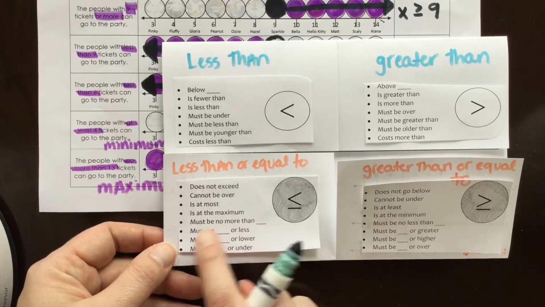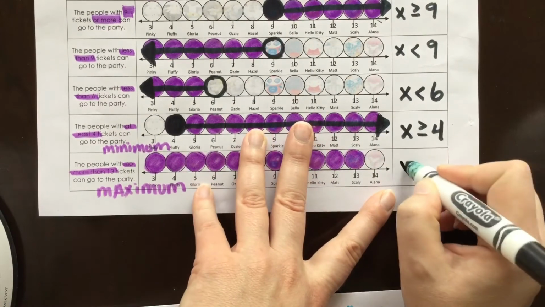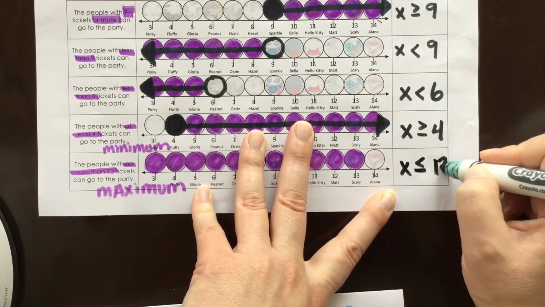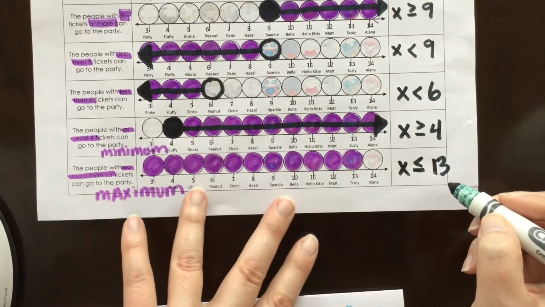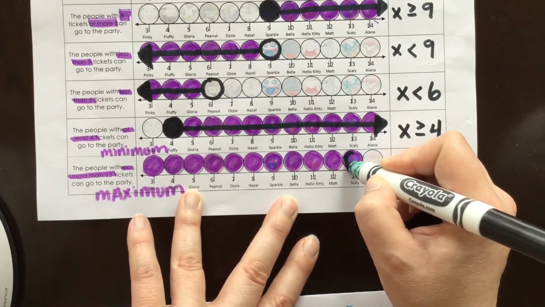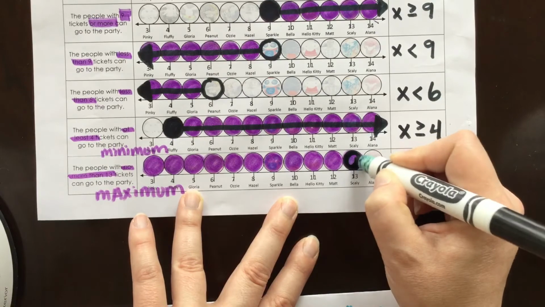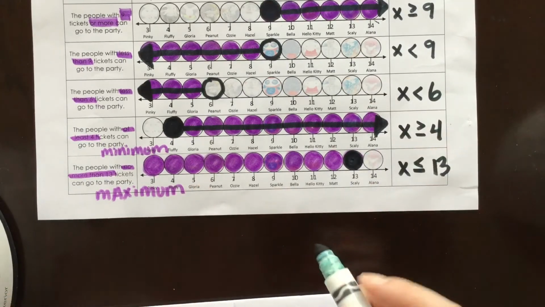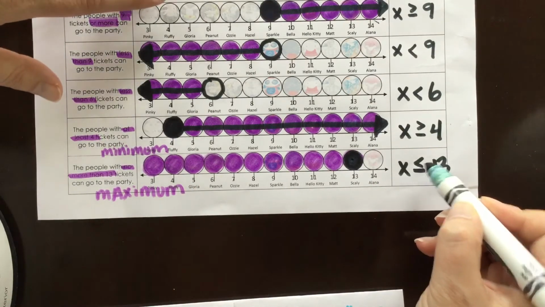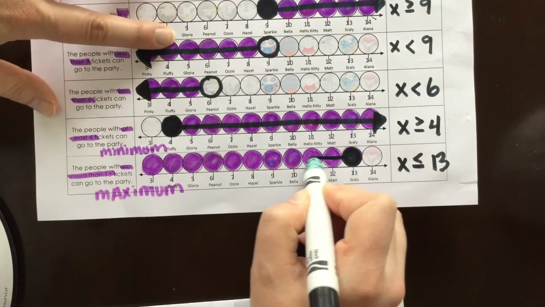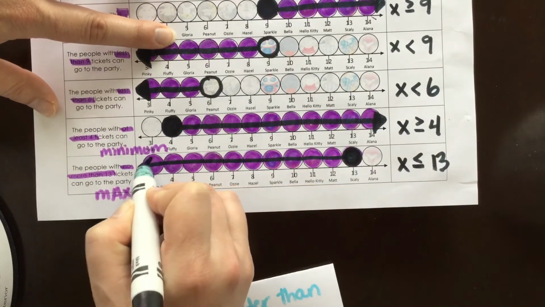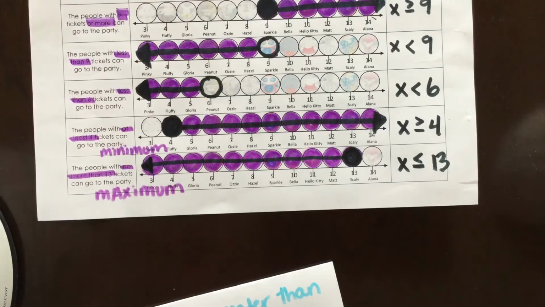And that matched with this phrasing right here. I would have a shaded, closed-in circle at 13. And then because it's less than, anything to the left would qualify.